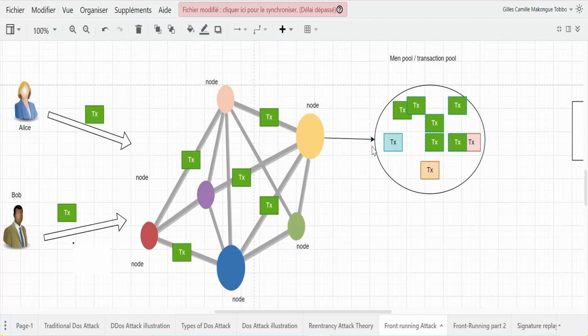It's going to ask the nodes to work more, and it can cause the nodes to crash, and also the software running on each node can crash, because for some or all blockchains, there is a certain limit of transactions that it can handle per second. So it's really important to understand that.